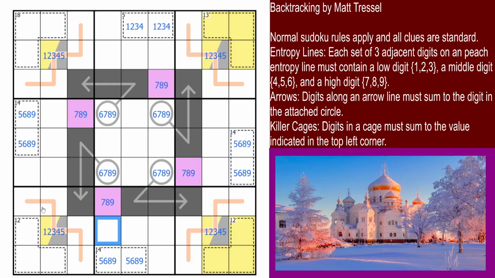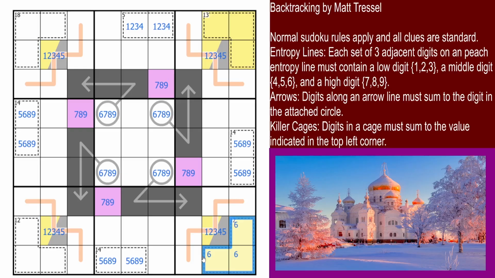Yeah, we were here, right? So we have decided that each one of these has a high digit, right? So if there is 6 here, that is not possible, right? Because if this is 6, the next 2 digits must sum to 6, right? Even I think 5 is also not possible in that case.